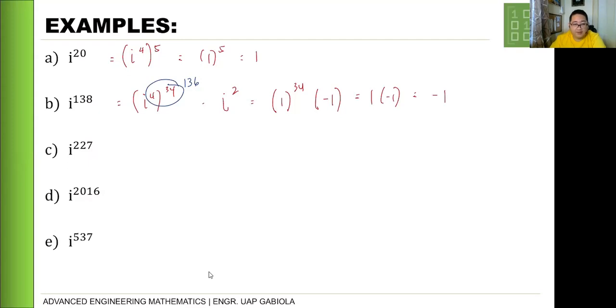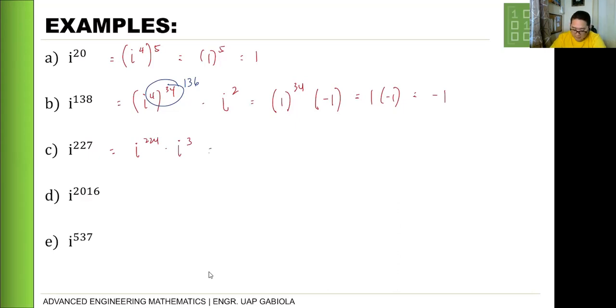Okay? Next, we have i raised to 227. So again, hanap kayo ng divisibility by 4 na malapit sa 227. Is 226, no? 224. Yes, si 224 is divisible by 4. So 224 tapos i cubed. Okay?